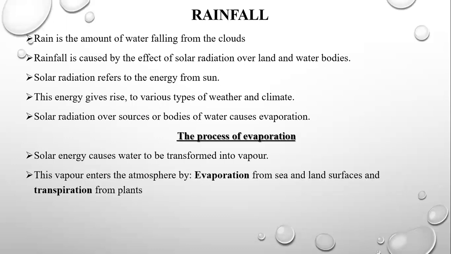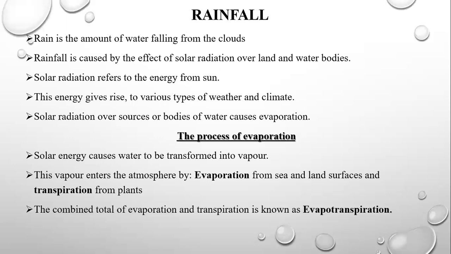Now, this vapor enters the atmosphere by evaporation from the sea and land surfaces and transpiration from plants. So even plants also lose water through the process of transpiration. And this water goes into the atmosphere in form of water vapor.